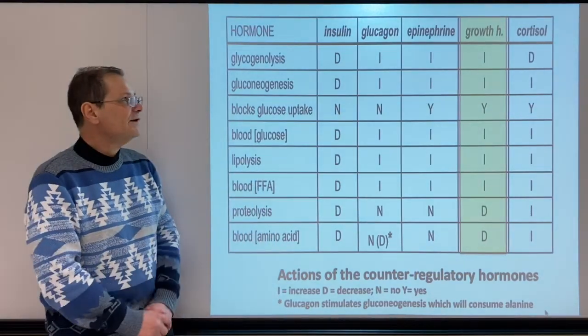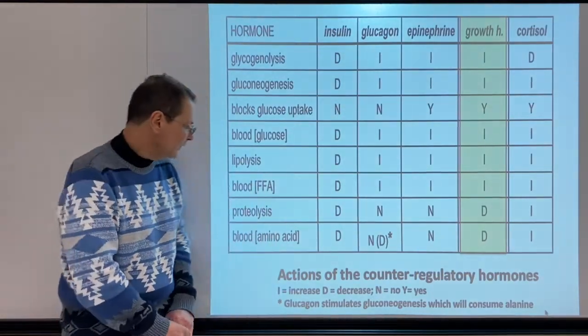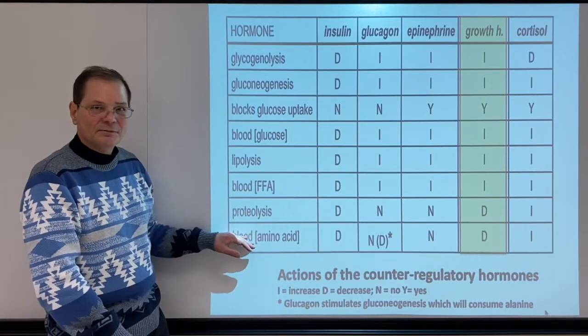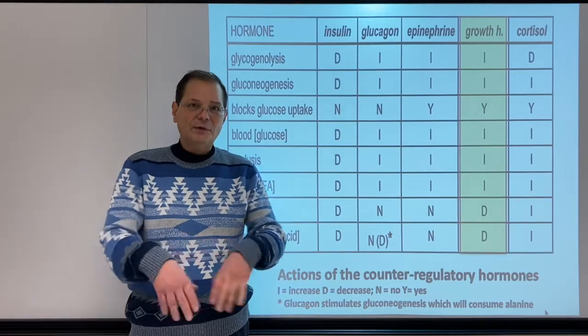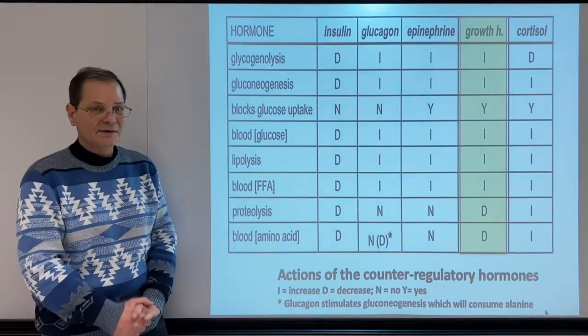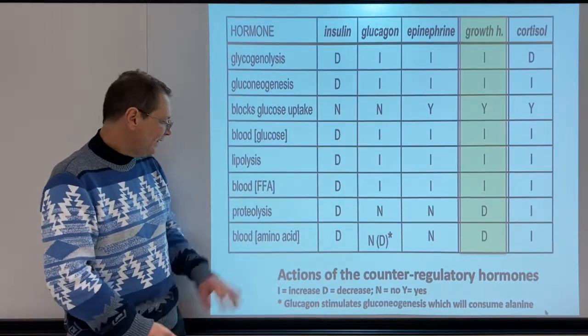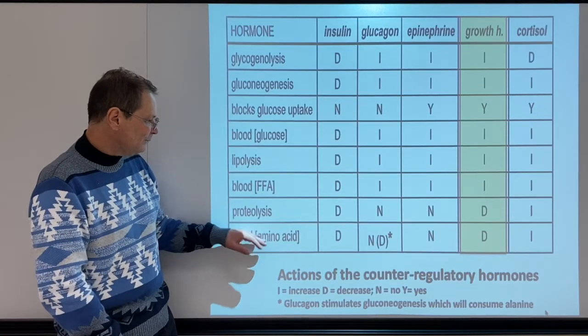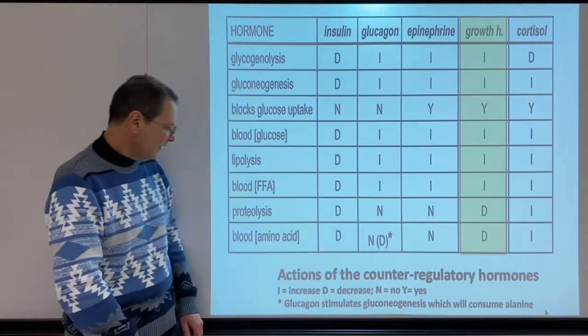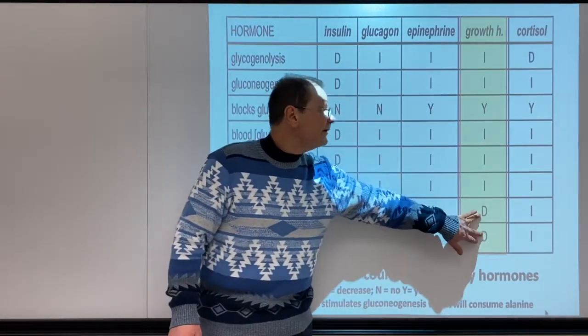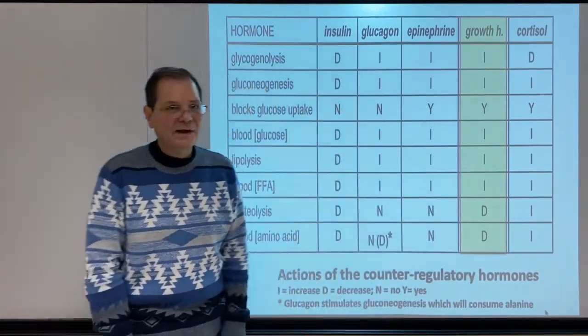And so one of the effects of growth hormone is to stop the breakdown of proteins for energy in order to build tissues up, okay, and allow growth to take place. So that, generally speaking, explains the effects on proteolysis and why proteolysis and blood amino acids are actually decreased in response to growth hormone, okay?